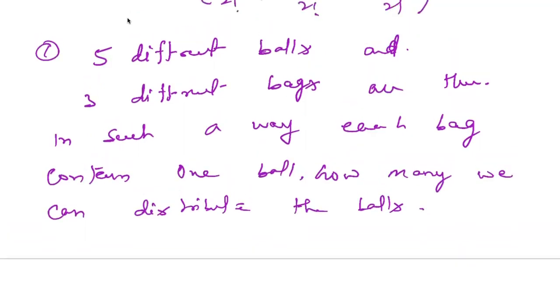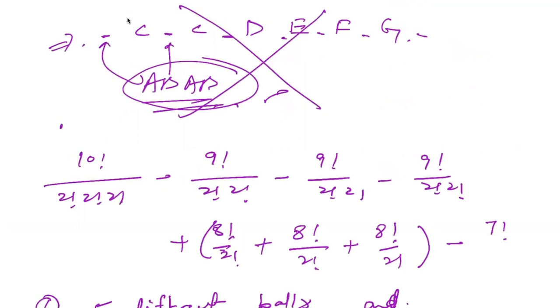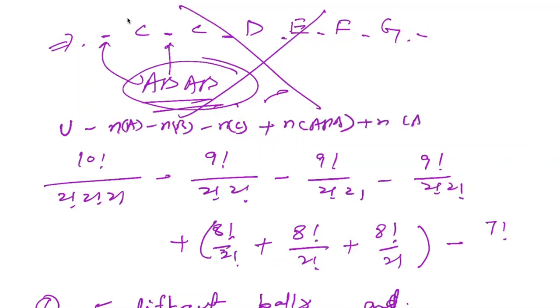So in inclusion exclusion, what we have done in this case, we take the total number, this universal set, minus A means two A's are together, B means two B's are together, and C means two C's are together, plus A intersection B means A as well as B's are together, A, C's are together, C and D's are together, minus all 3 are together. So this was your answer.